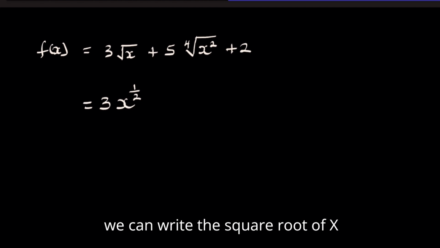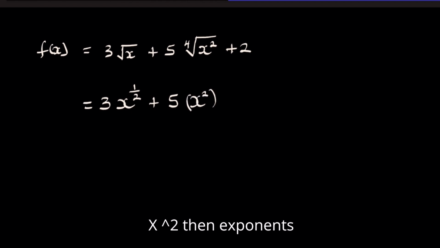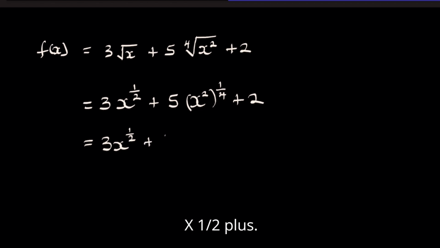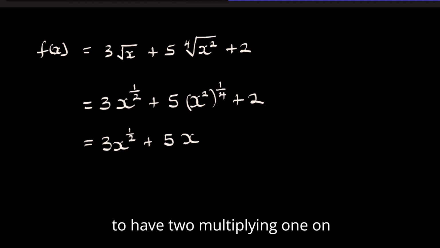because we can write the square root of x as x exponent 1/2, plus 5x squared, then exponent 1/4, plus 2. So now let's simplify f of x further. So that's 3x exponent 1/2 plus 5x. So now here we are going to have 2 multiplying 1 on 4.